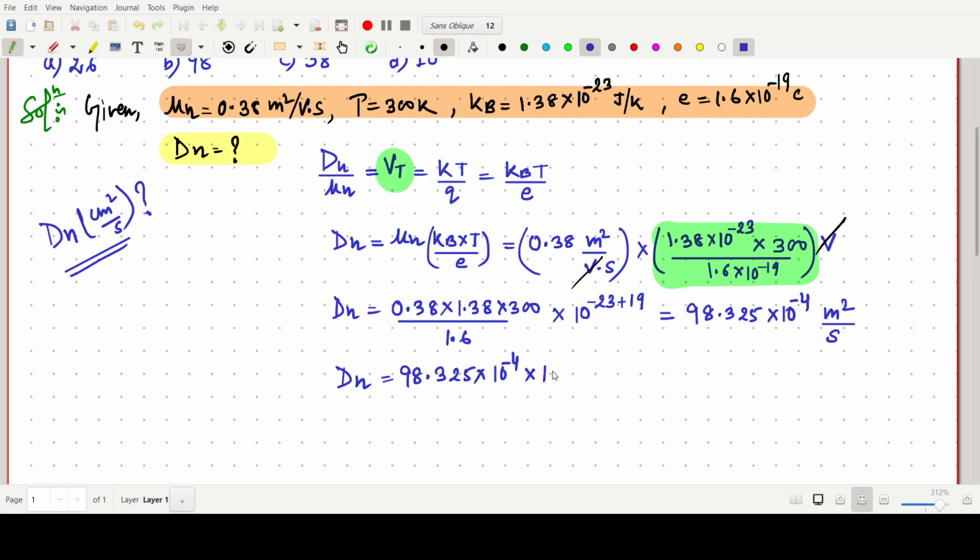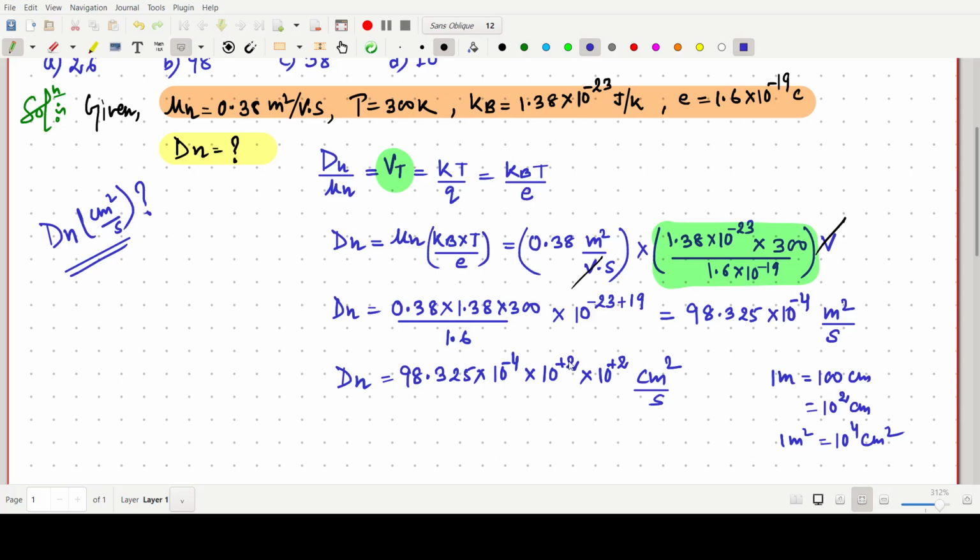Since 1 meter equals 100 centimeter, 10 to the power 2 centimeter, 1 meter square is 10 to the power 4 centimeter square.